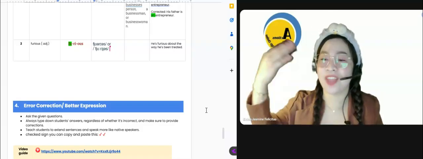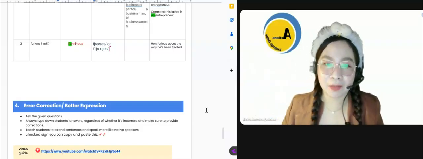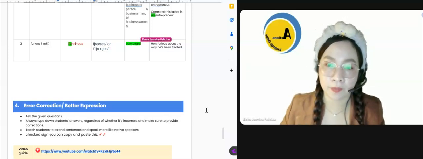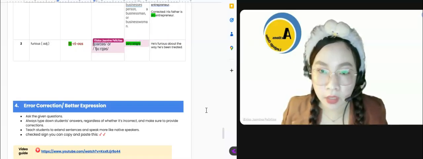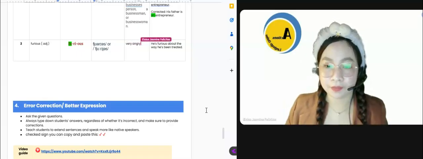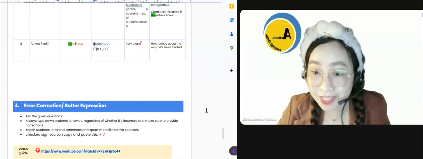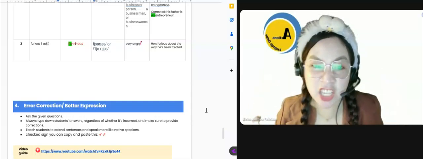All right, it's very angry. Let me put the simple definition here: very angry. Let me remove the highlight here. So when we see furious, again, it's extremely angry.